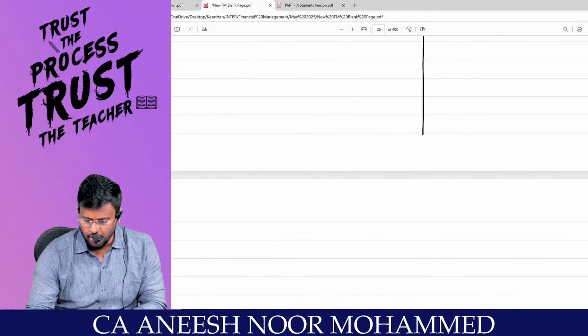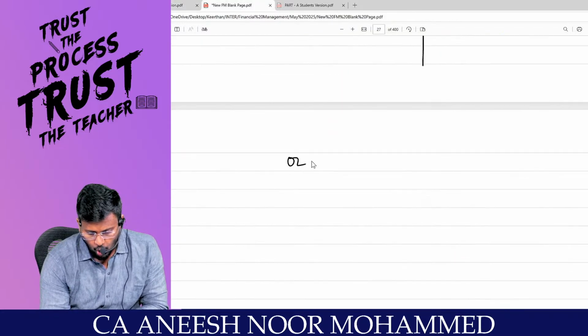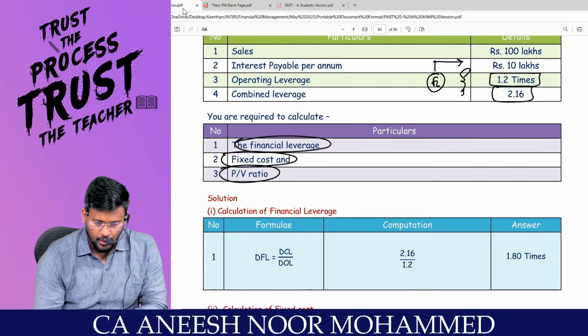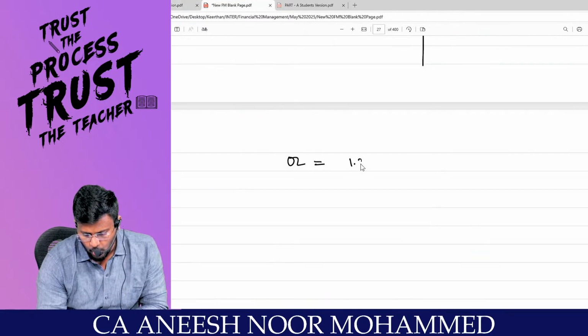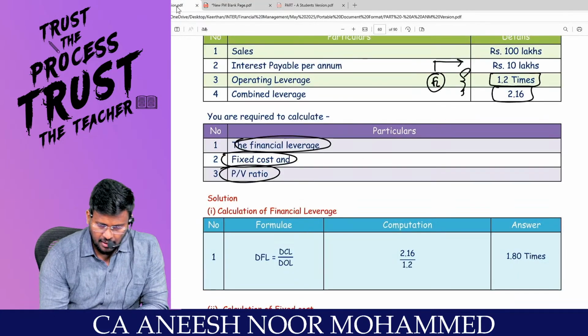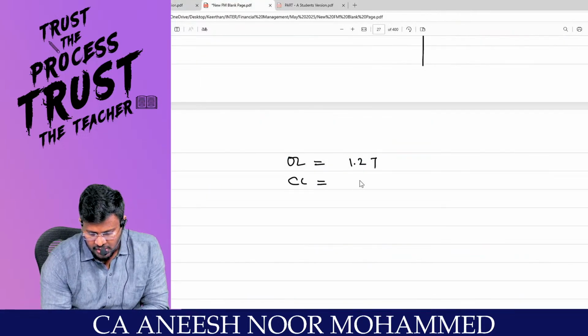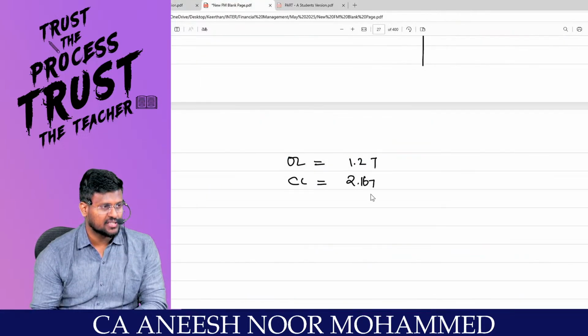So my dear lovable students, question is saying that operating leverage is equal to 1.2 times and combined leverage is equal to 2.16 times.